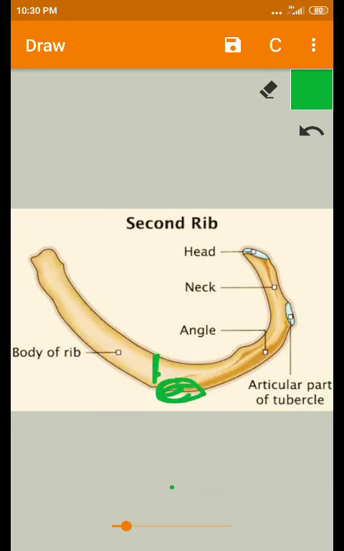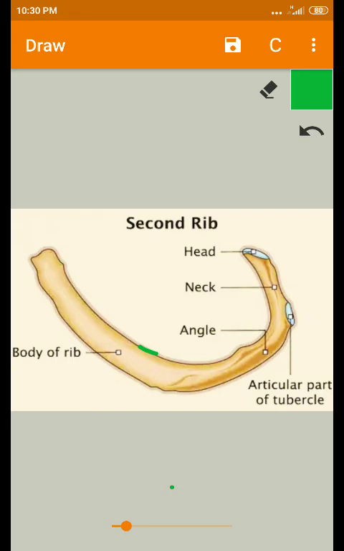This tubercle gives origin to the lower part of the first and the entire second digitation of serratus anterior. Simply we can say that it has a rough impression behind the middle, and it gives attachment to the serratus anterior muscle.